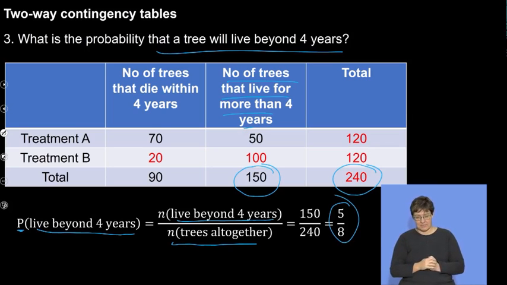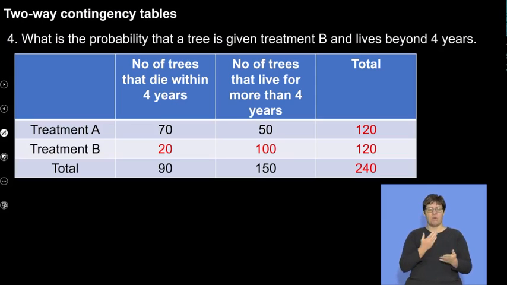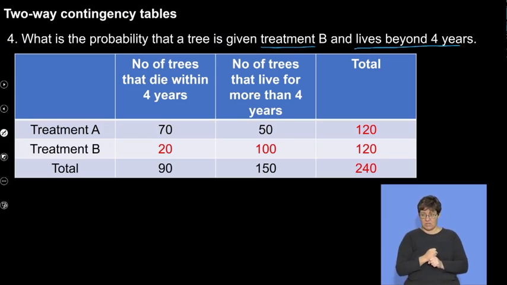Okay? Then problem 4. What is the probability that a tree is given treatment B and lives beyond 4 years? We want to give treatment B, but live beyond 4 years.